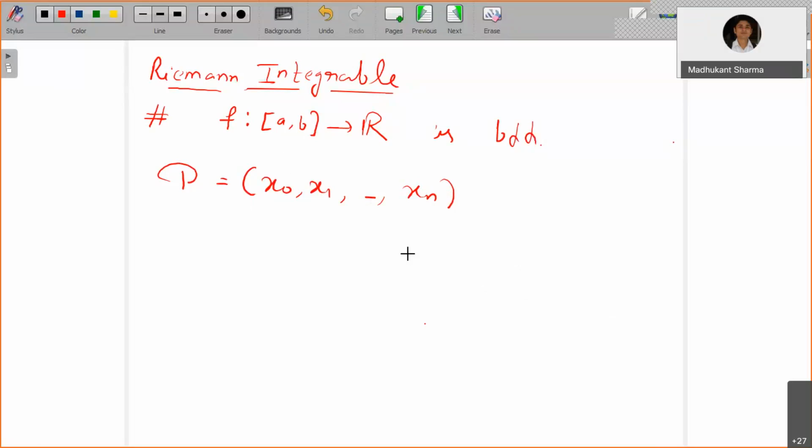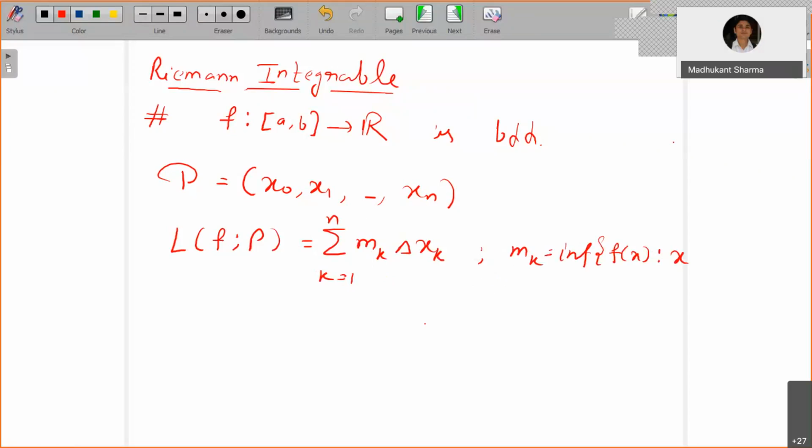So we have a partition P, then we have defined the lower sum L(f,P) as summation k equals 1 to n small mk delta xk. These notations you are all familiar with. Small mk is the infimum of f of x such that x is inside Ik, where Ik is xk minus 1 to xk, which is arbitrary.